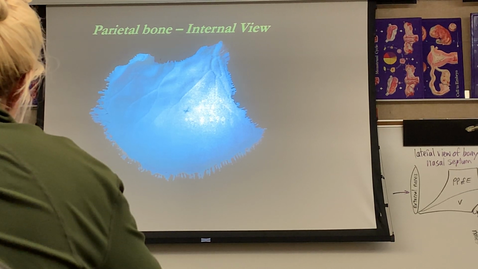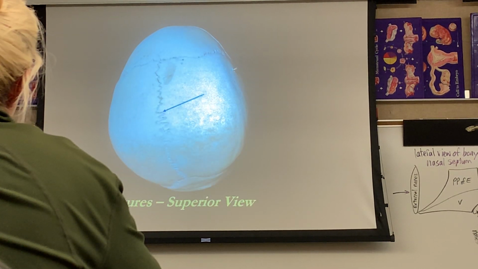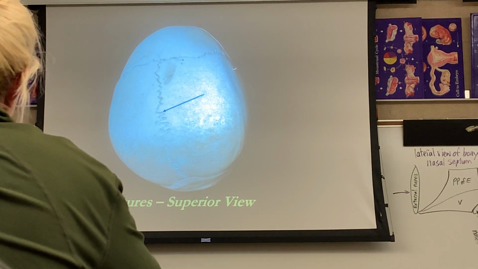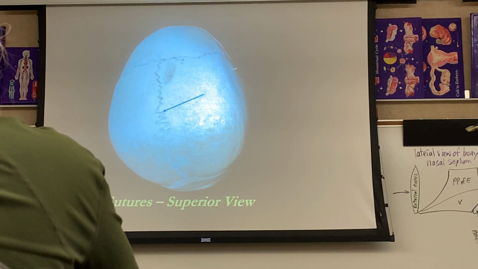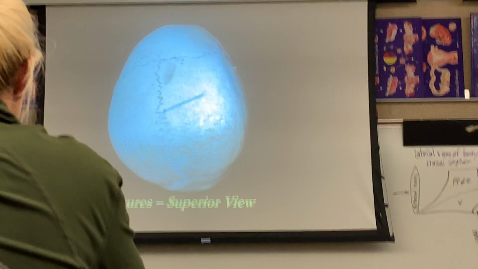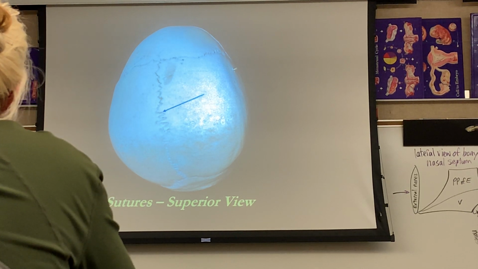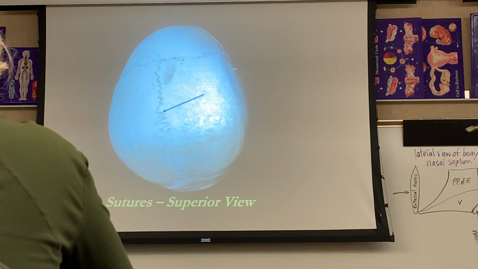Well, like a rectangle that has four sides, you have four sutures. The sagittal suture, and this is how I would draw this: not only draw the suture, but draw what's on the other side. And on the other side of the sagittal suture is the other parietal bone, because you have two, one on the left and one on the right.